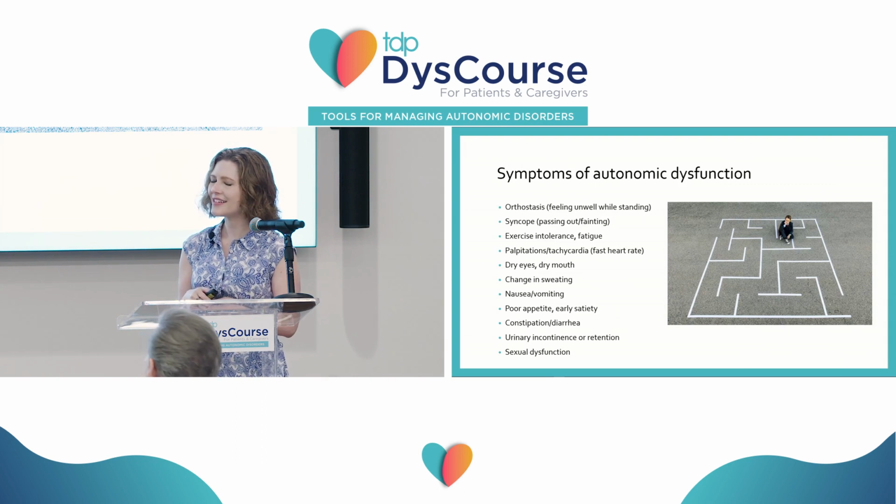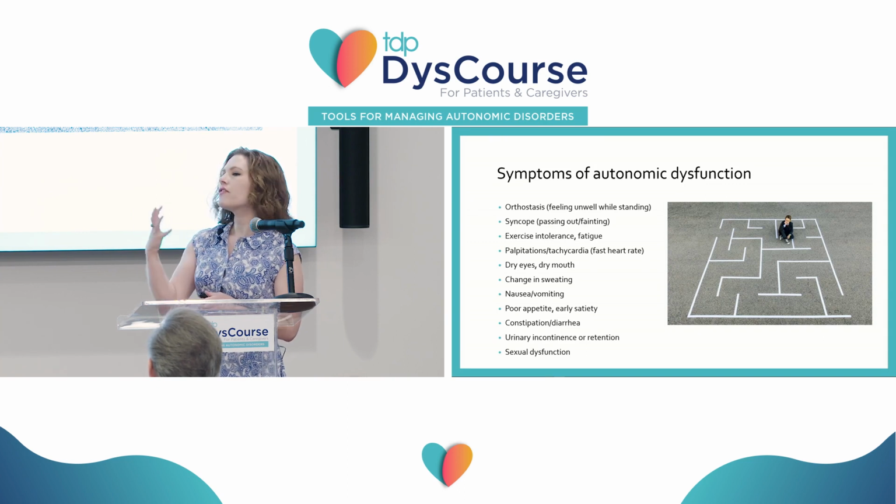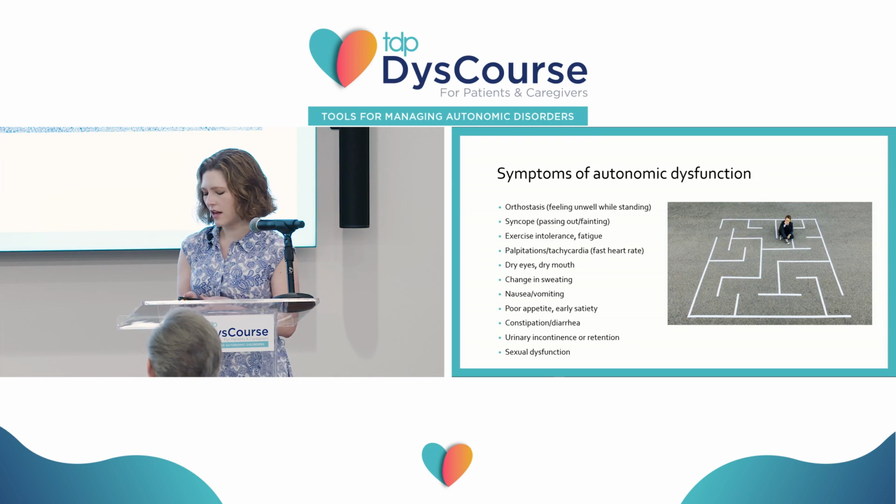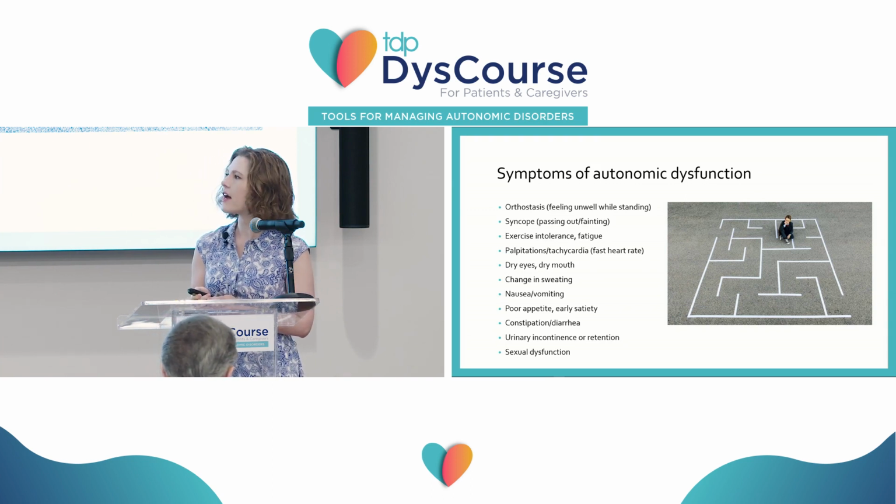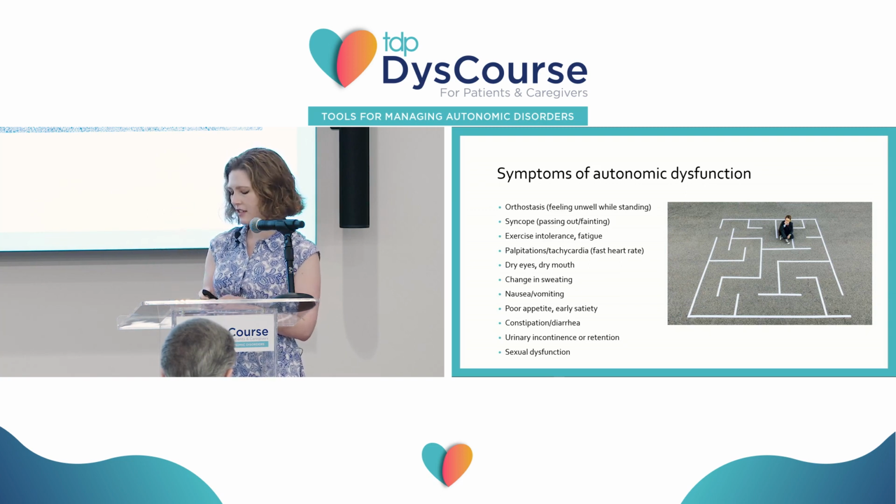All right. So then what happens when things go wrong? This is a pretty important system. A lot can happen if things are going wrong. So this is a survey of symptoms that can happen when the autonomic nervous system is not functioning properly. Certainly not everybody experiences all of these symptoms, but they may include orthostasis, or feeling unwell while you're standing because blood flow is not happening appropriately to your brain.